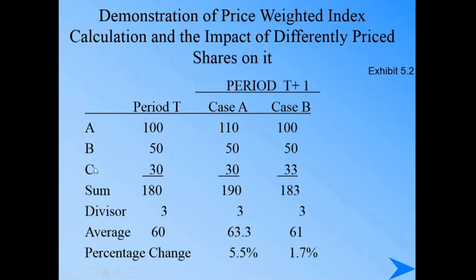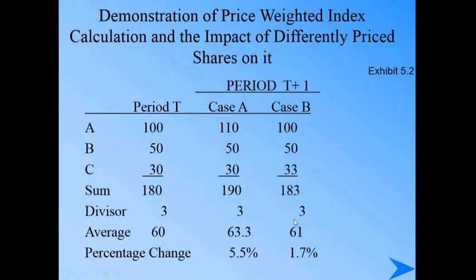On the other hand, for company C, if its price increases by 10%, that is from 30 to 33, it's the same 10% increase. But since C is a smaller company as a price, its weightage is less. Its weightage is less in the index, and that's why it brings less change in the overall index.